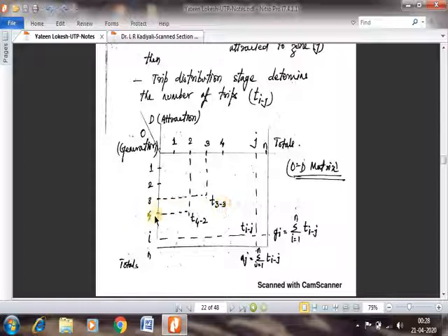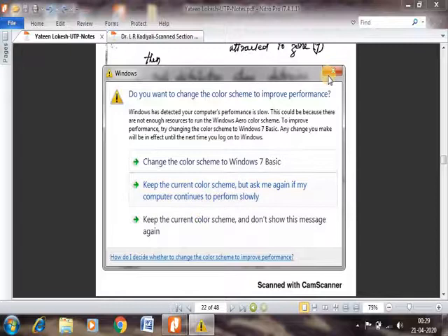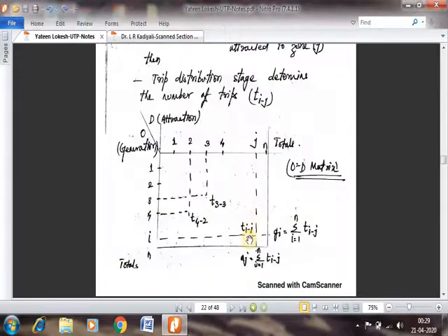On the other hand, if the trips are generated from zone 4 and terminated in zone 2, then the total number of trips would be represented as small t42. So within this OD matrix, for every such situation we will be creating such an OD matrix and doing the analysis.